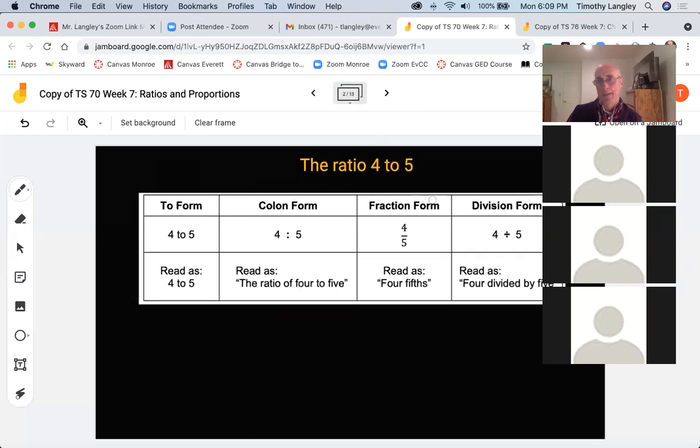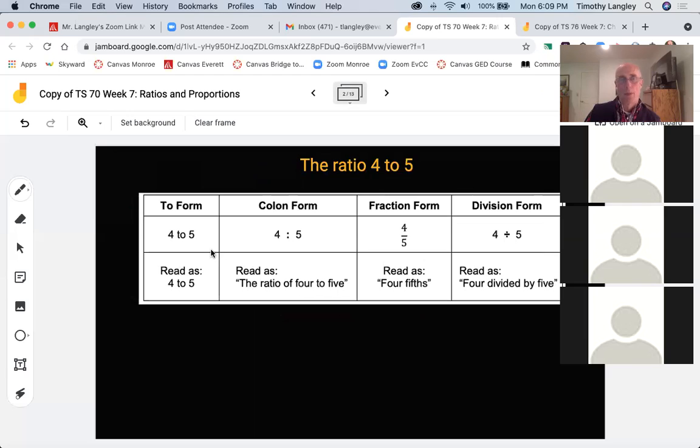So you can, if this is helpful to you, copy down my example: the ratio of 4 to 5. You could write it just like we did in the last slide, 4 colon 5. That is a ratio of 4 to 5.